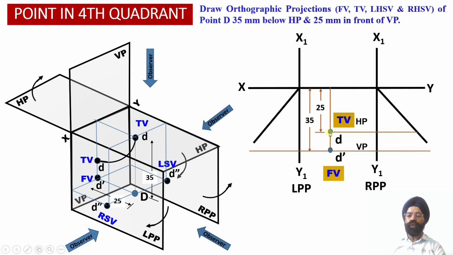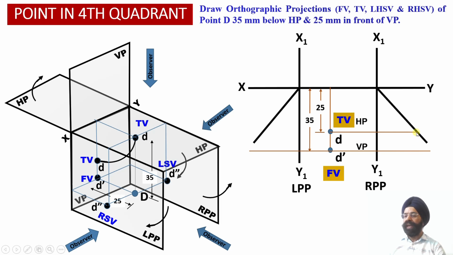So now through this point D we have drawn a horizontal projector line into the right profile plane, so that we should be able to obtain the intersection of this horizontal projector line with this transfer line. What we are trying to do is transfer this distance from the top view projections into the profile view projections over here.